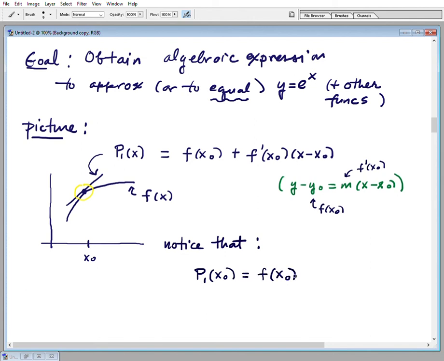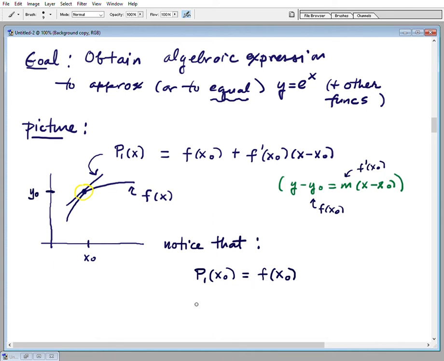At least at x0, the two are the same. They both go through this point. All right, they're both equal to whatever this is, y0. So we have that. We want this to be close to this. So at least they are equal over here.